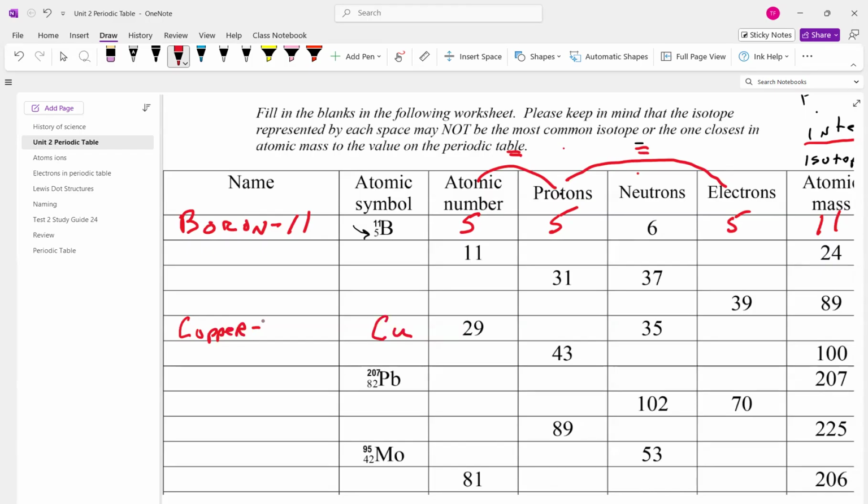So it's copper, and atomic number is 29. So that automatically makes it 29 protons. All right. I told you it's got 35 neutrons. So what is the atomic mass of the isotope? 29 plus 35 is 64.